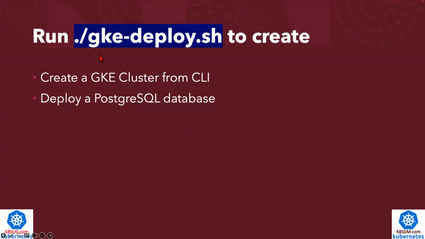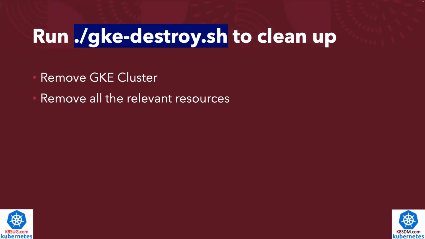Then you can run the magic command, gke-deploy.sh, to create a GKE 1.29 cluster and also a PostgreSQL sample database. Once you've done your testing, remember to destroy it and clean up the environment.